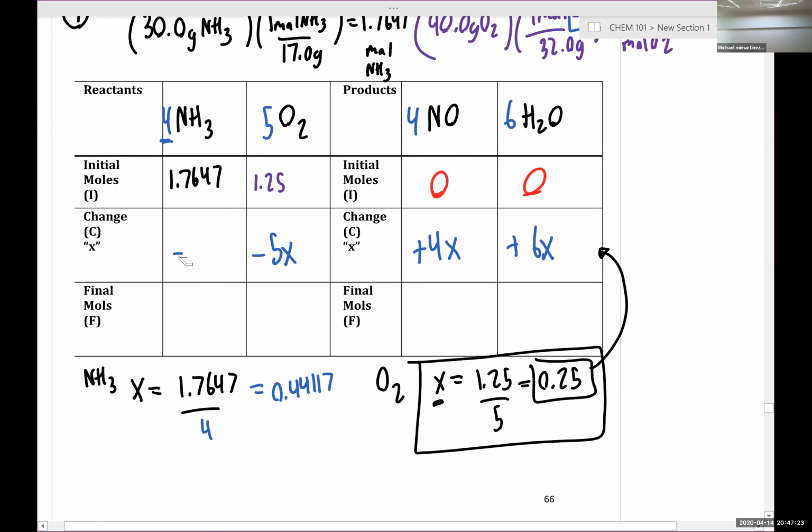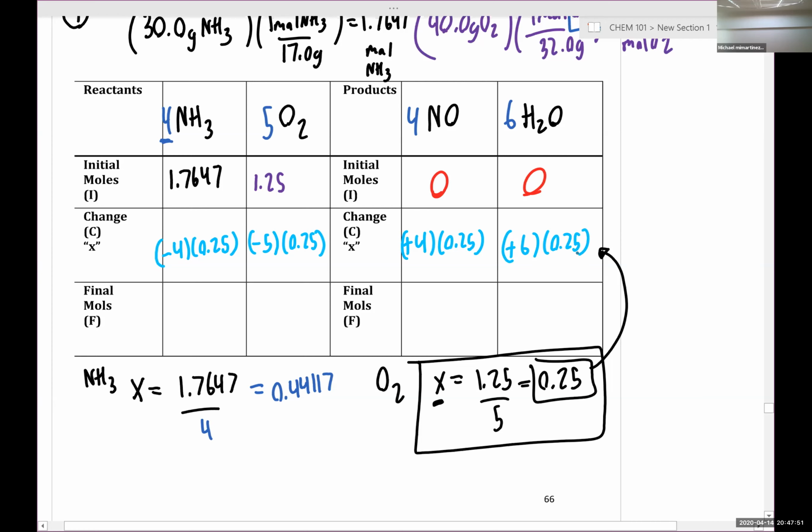So we're going to have minus 4 times 0.25, minus 5 times 0.25, plus 4 times 0.25, and then plus 6 times 0.25.